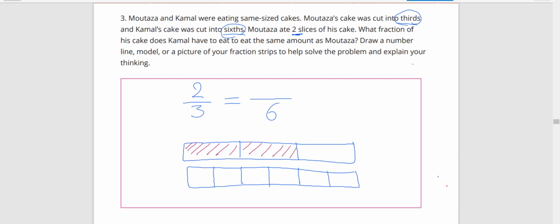To get the equivalent fraction of 2/3, we shade 4 parts of the 6 parts, and the equivalent fraction of 2/3 is 4/6.